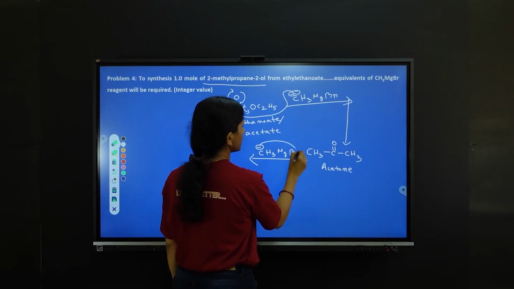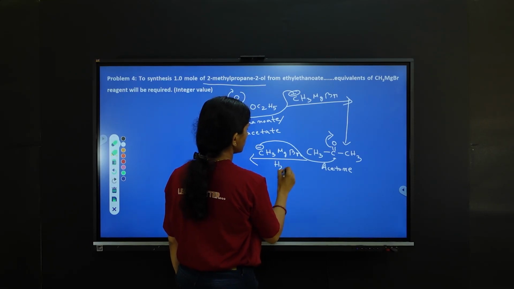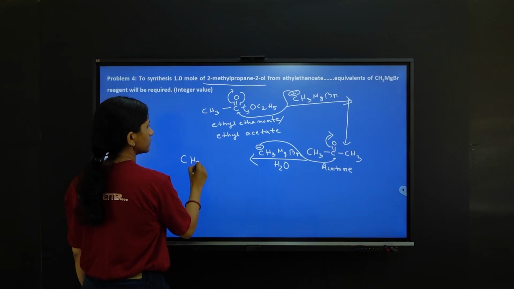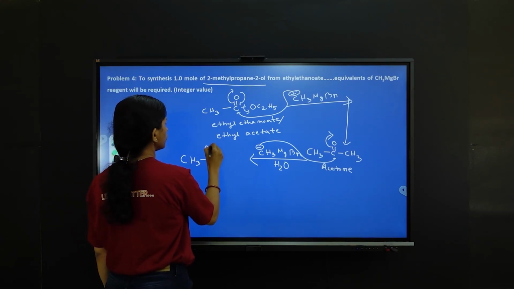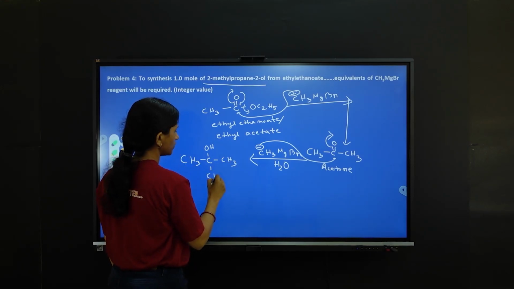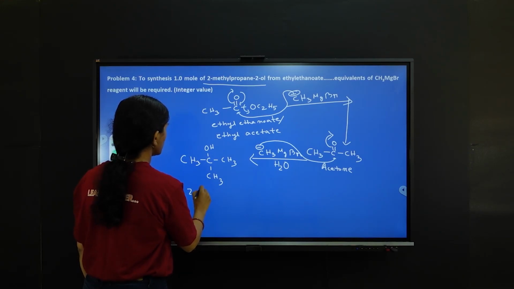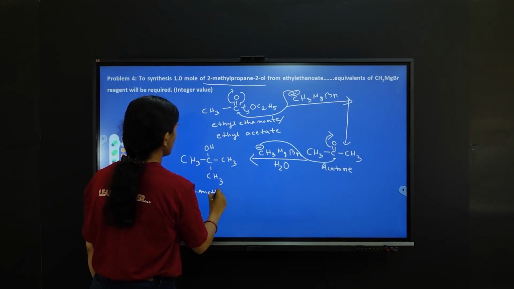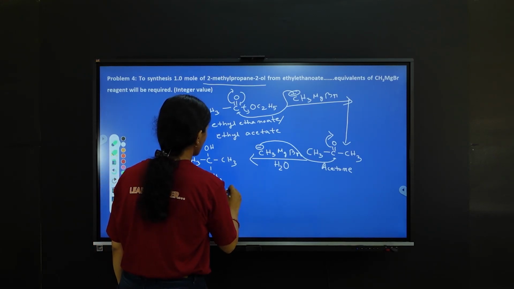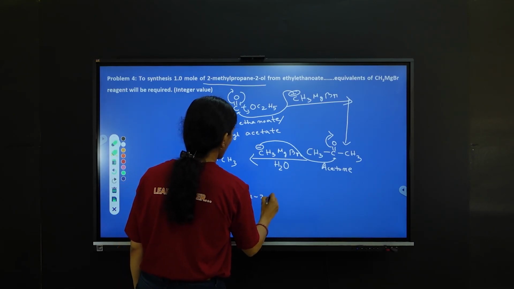So this one again will hit here, and this can happen in presence of water. So what will we get? (CH3)3COH, and we have obtained our product, that is 2-methylpropan-2-ol.